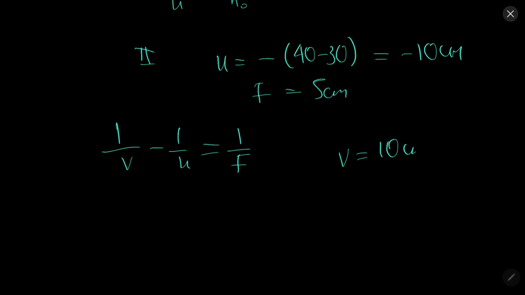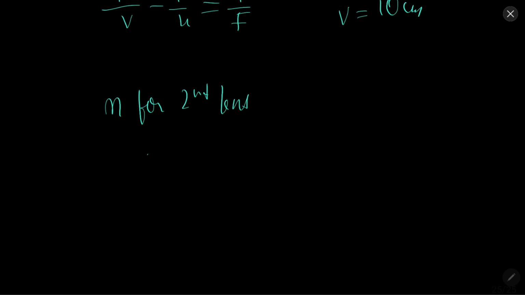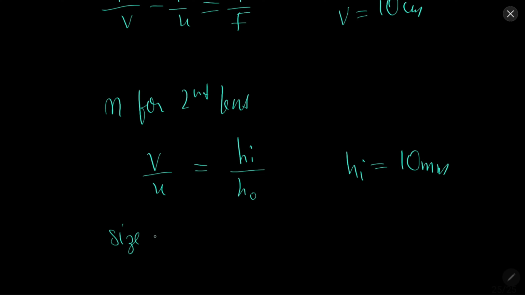V will come out to be 10 centimeter. And M for second lens, V by U, height of image over height of object, height of image will come out to be 10 mm and the size of image will be 10 mm.